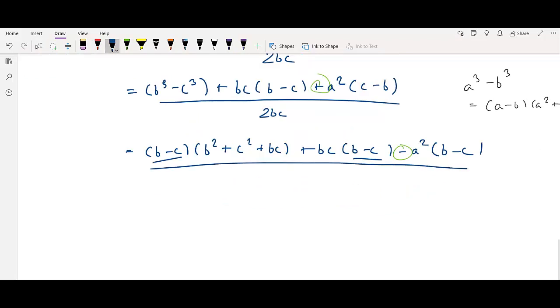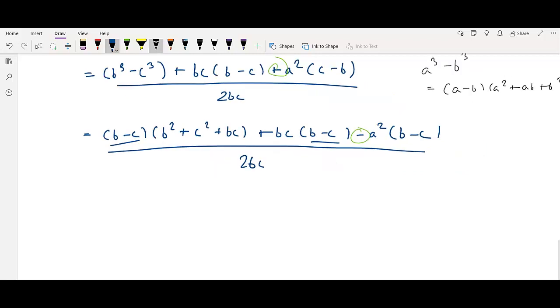and I have 2bc in the denominator. So since this b plus c is common here, and I have another b plus c here, b minus c here, I can take these common, b minus c.